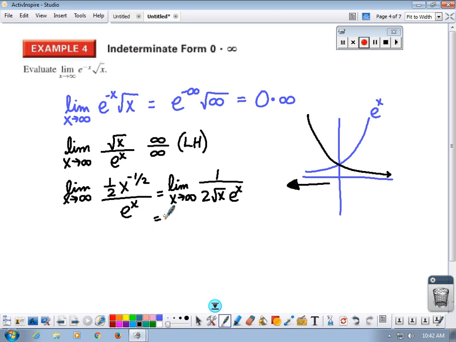Alright, so now if we put infinity in, we are going to have infinity in the denominator. So you have 1 over infinity, and so that does go to 0. Alright, so it does kind of make sense that it would go to 0, but you cannot assume that 0 times infinity is 0, okay? Because there are other problems where it does not work out like that. Alright?